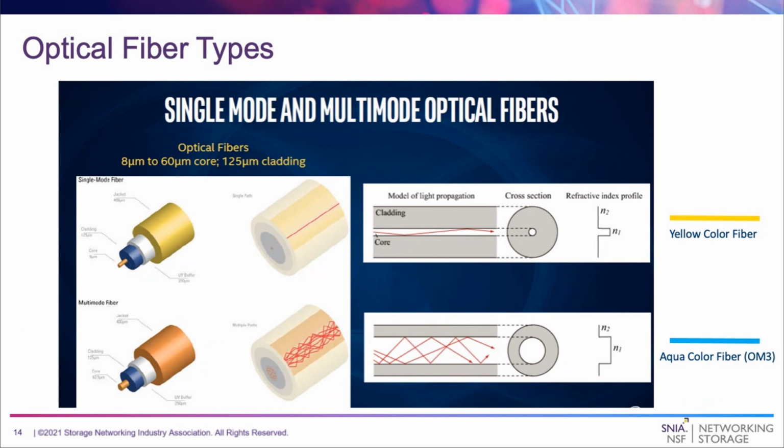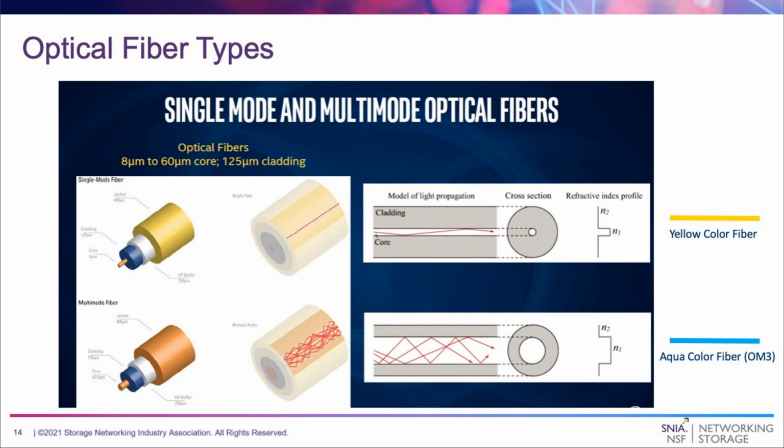For optical fiber, we have two main types of optical fiber. We have the single mode fiber and multimode fiber. And here's a quick high-level overview of the difference between the two. The single mode fiber has a very narrow core in which the light travels without bouncing through the core.